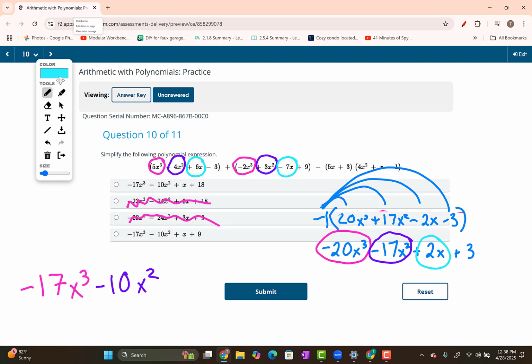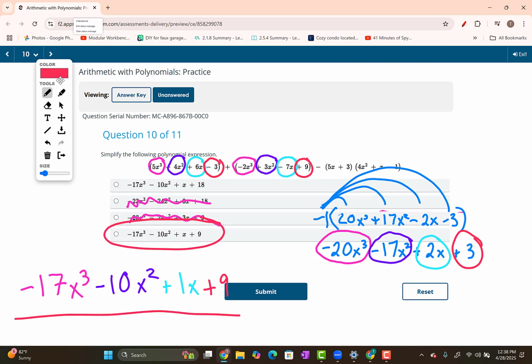So 6 minus 7 is negative 1, plus 2 is positive 1x. Still hasn't given us the final correct answer. To do that, we're going to do negative 3 plus 9 is 6, plus 3 is 9. So that matches up with this answer here.